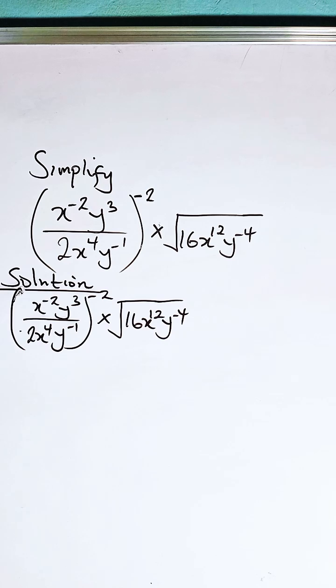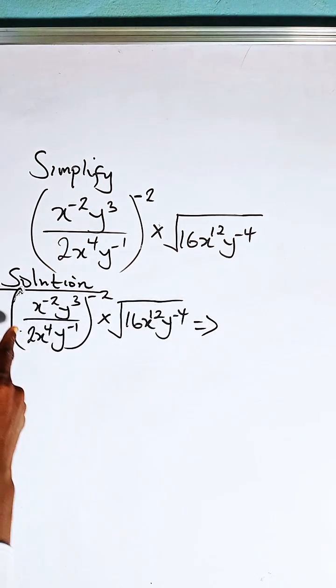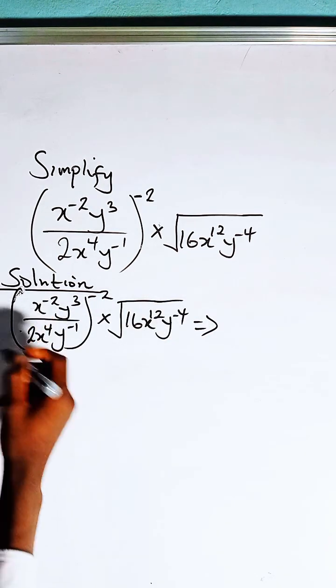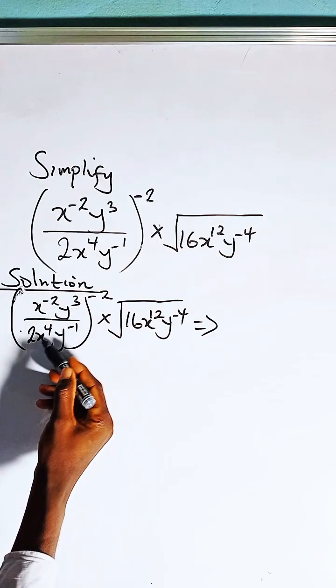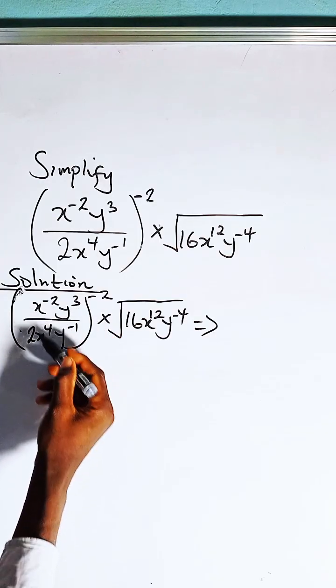Within the parentheses we have x to the power minus 2, y to the power 3, but we have x and y in the denominator as well.